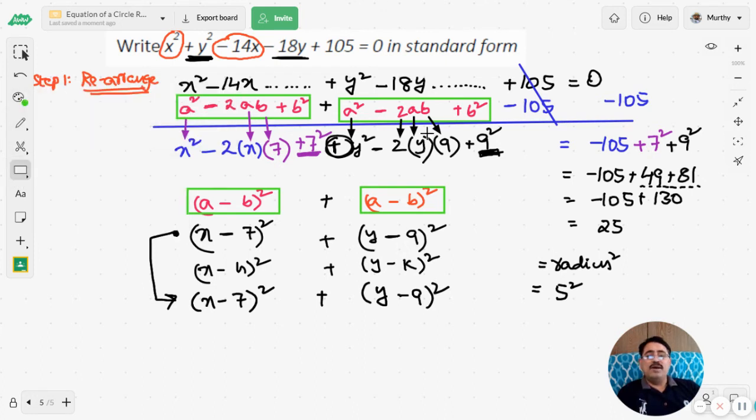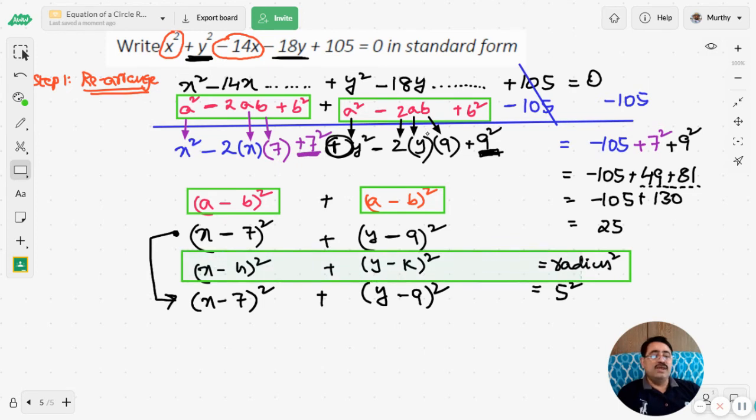You know the formula, which is x minus h square plus y minus k square equals radius square. Therefore, what is the center? Center is h comma k. What's the value of h?